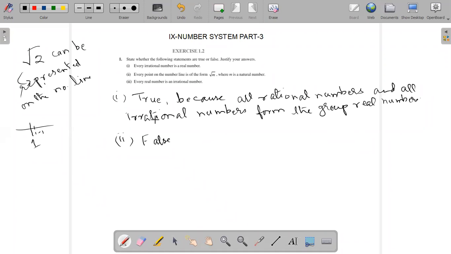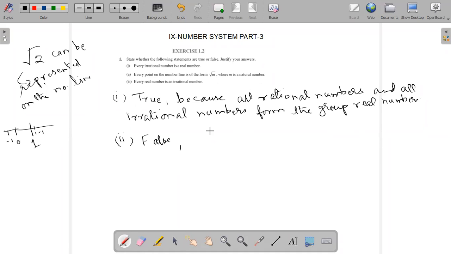If we go to the negative side, 0 and then -1, a negative number cannot be the square root of any natural number.